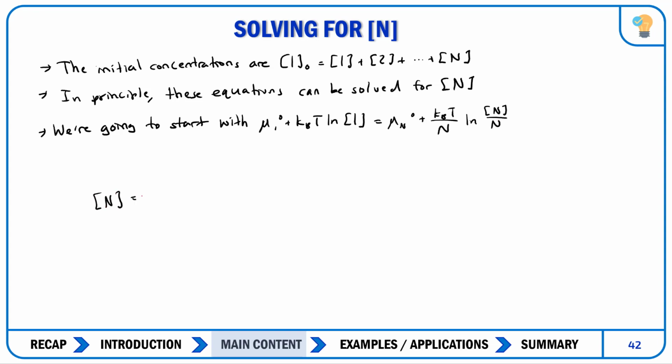So what are we exactly solving for? If we were to rearrange and solve for the concentration of n, we get cn equals n times the concentration of a monomer to the power of n, times e to the mu1 naught minus mu n naught over kBT, to the power of n.